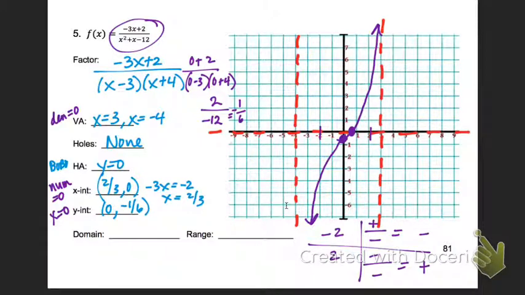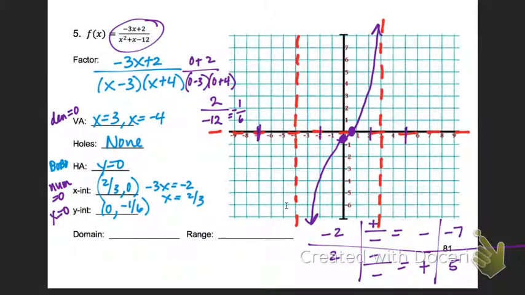Okay, now I want to find what it does to the right and the left of the vertical asymptotes. So let's pick another. -7. You can do -5 if you want. And how about +5? So let's do -7 and +5.